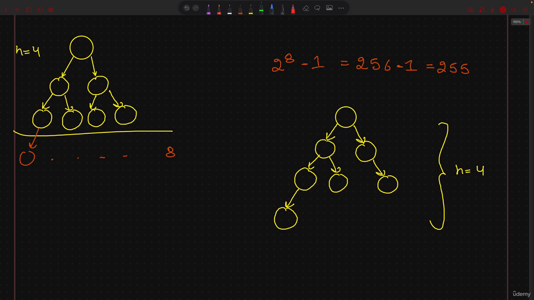So the problem is we are assuming that the tree with h minus 1 height will be complete.